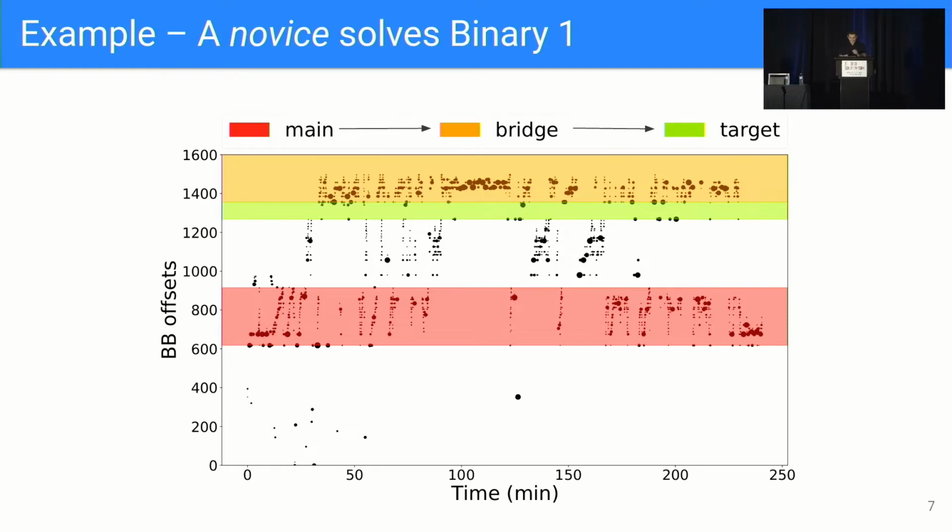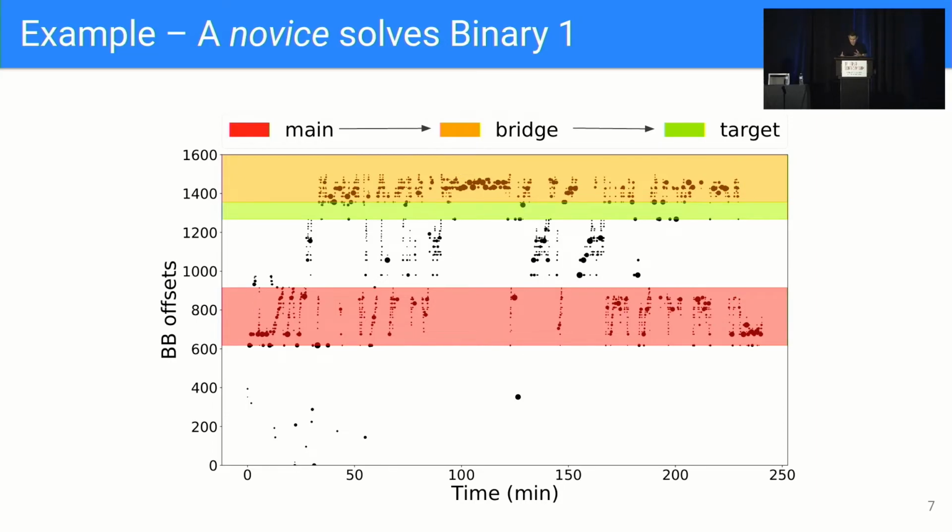The size of each point in the graph is directly proportional to the time that the user spent on that particular basic block. So for example, here she was quickly skimming through the basic blocks, while there she spent a lot of time trying to analyze these basic blocks.